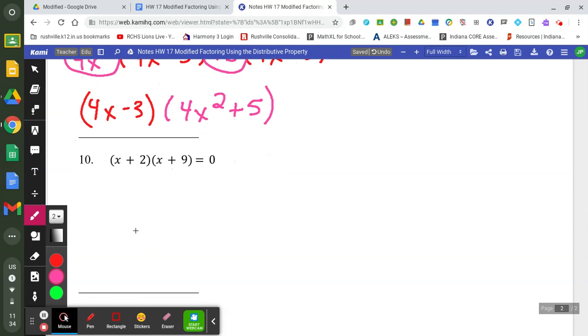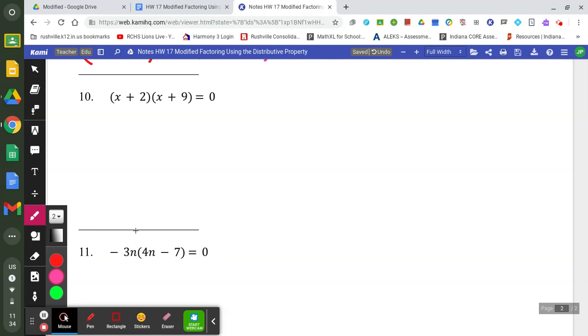So then the last two we're actually solving because I have an equal sign here. So this equation has already been factored, so you don't have to do any of the factoring. But what we are going to do is to solve each of these and to get answers for x, I'm going to take this parenthesis and make it equal to 0.